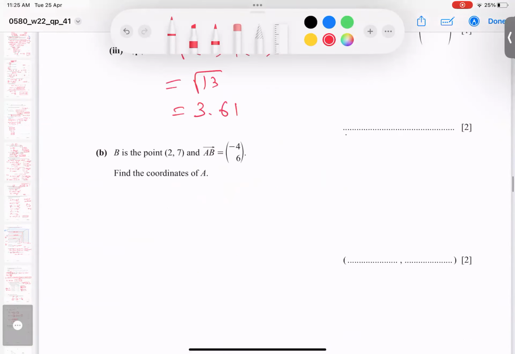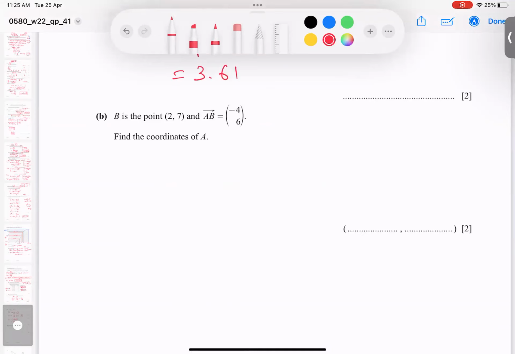Let's talk about the other part, part B. What is the basic criteria we have here? We have two systems, students. One is called the coordinate system, and one is called the vector system.